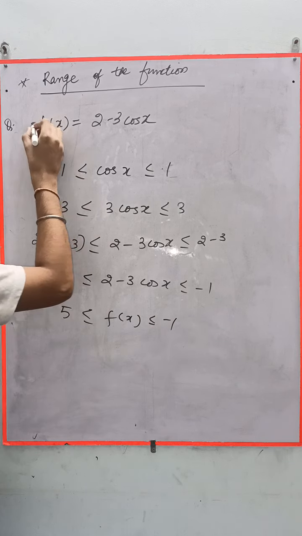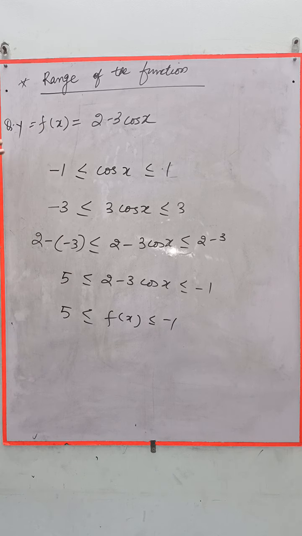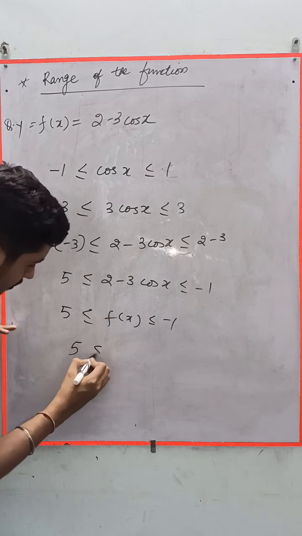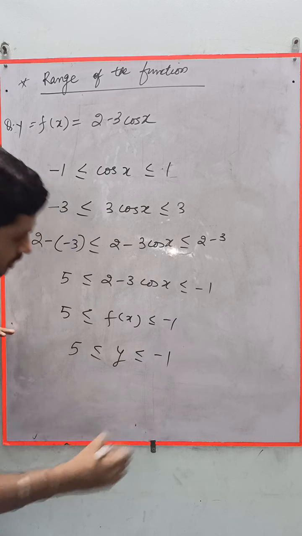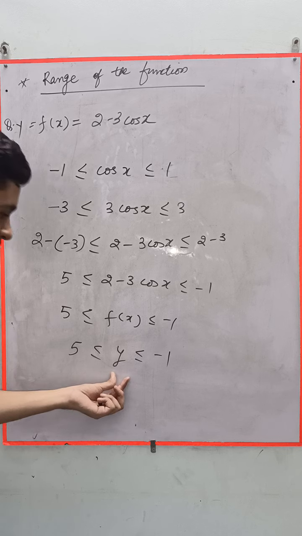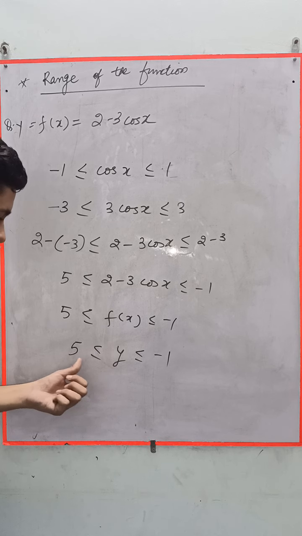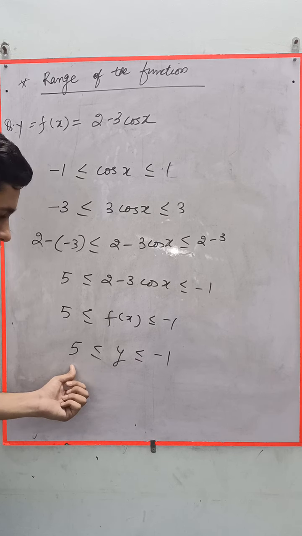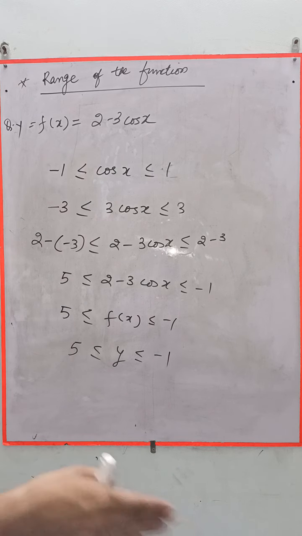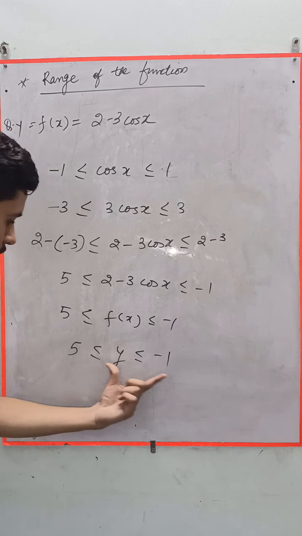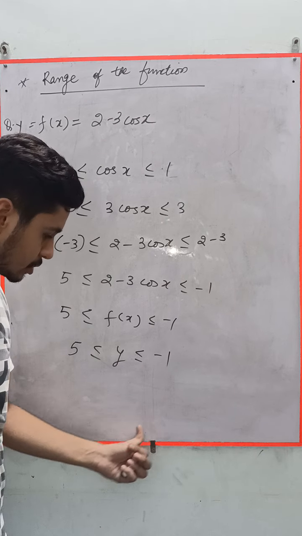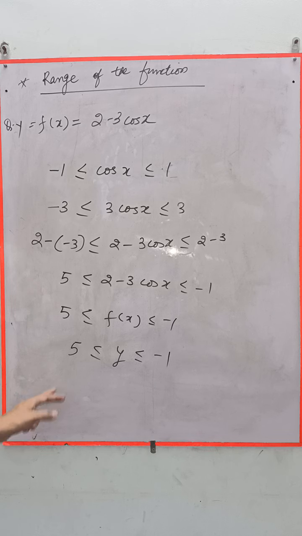And as I told you, for range we always consider this as y. So in place of this we can put 1. So here we got our range. Easy, no? That y will be greater than or equal to 5, but it should be less than or equal to minus 1. So between these values you have to write the solution set. This will become your range.